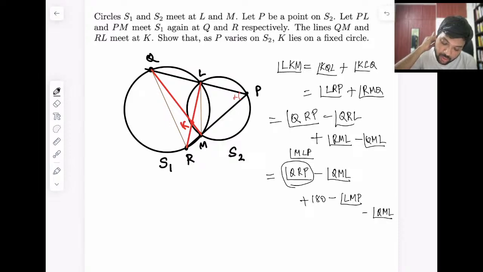For any point K, you can always consider the circumcircle of KLM. That is true, but as P varies, how do we know K lies on a fixed circle? No, I'm asking how do you use power of a point?